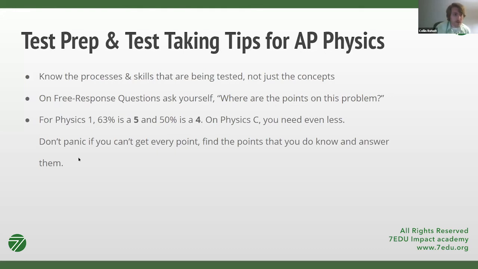All right. So what is the experimental design portion of the AP test? An experimental design portion is one where you're creating an experiment to answer a question. Typically it'll be like, okay, the student has this piece of equipment, and they're trying to find something, so they're going to gather this data and find it.